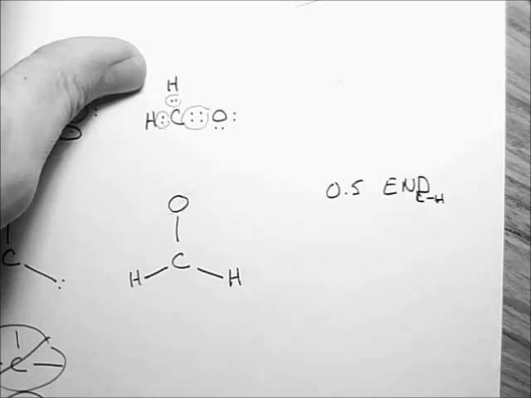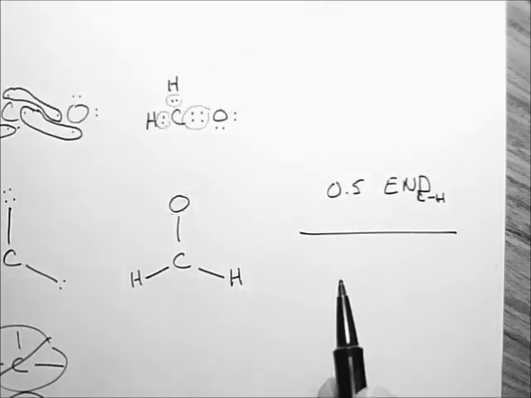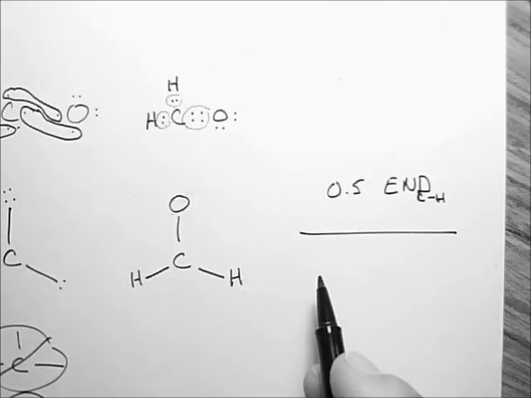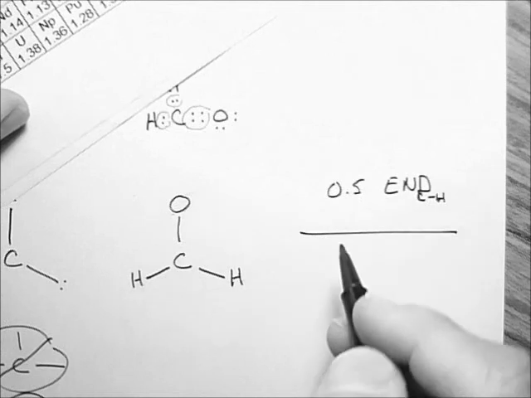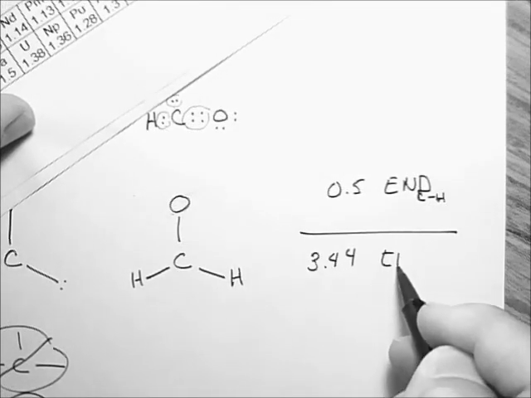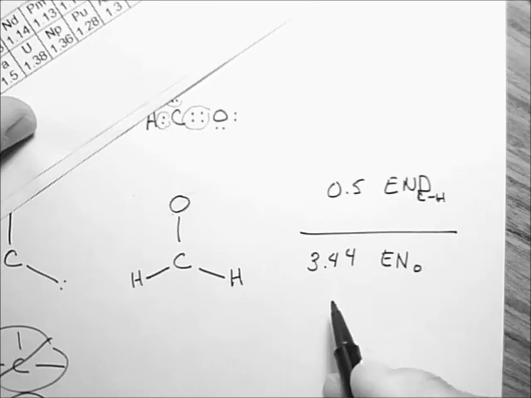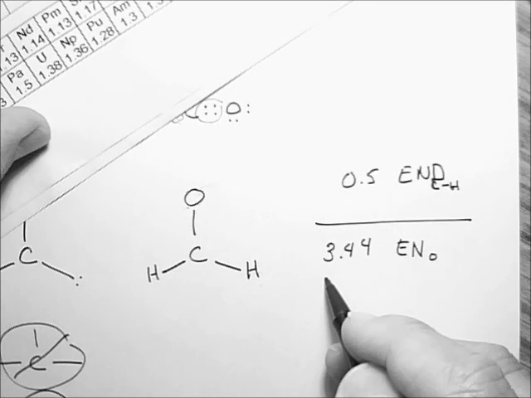Okay? Now we need to know the carbon to oxygen bond. That one we don't know yet. So we need our periodic table with electronegativity values. Oxygen is 3.44 electronegativity, and carbon is 2.55.